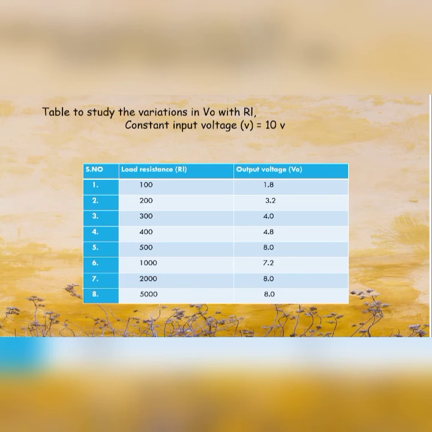And we study the variation in output voltage and load resistance. We have kept the constant input voltage. Here we can also see that the output voltage is 8 volt.